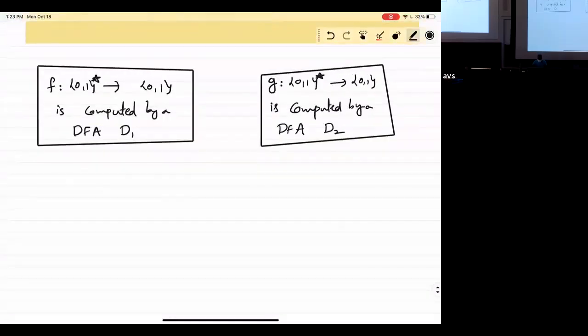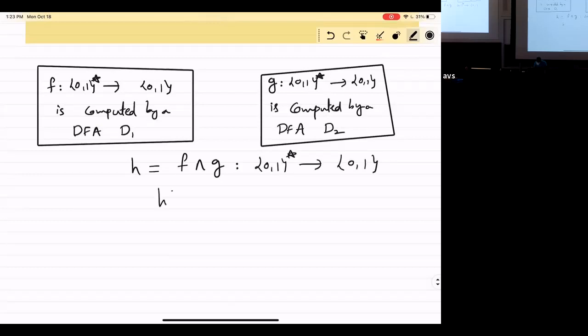So can I compute the function h, which is the AND of f and g? I can define a new function, f and g, where h of x is exactly f of x and g of x.